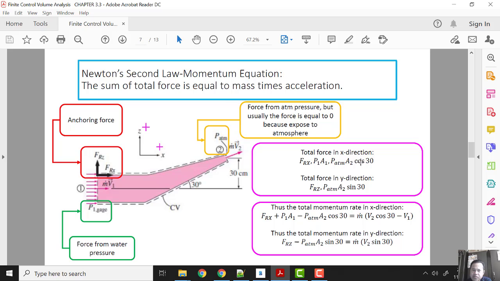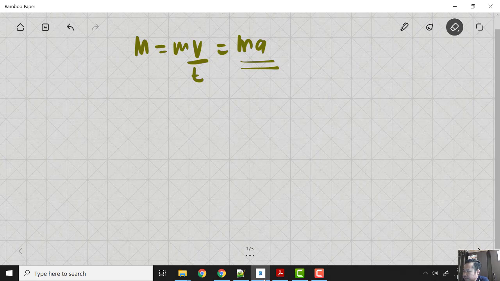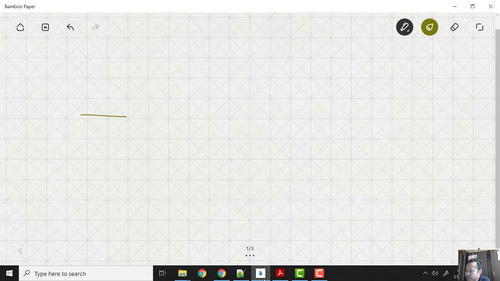Alright, so let's look at an example here. We have the sum of total force equal to mass times acceleration. We have a figure here with a pipe with a small exit.